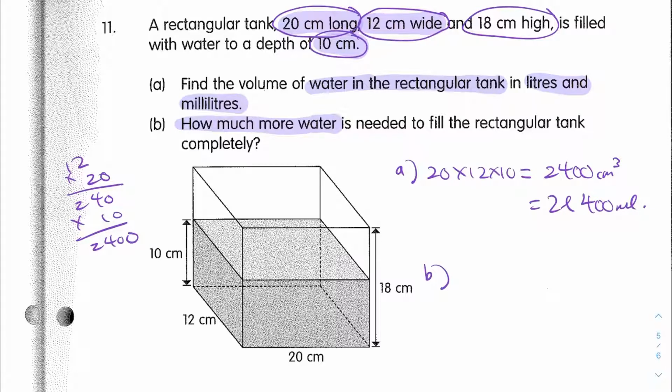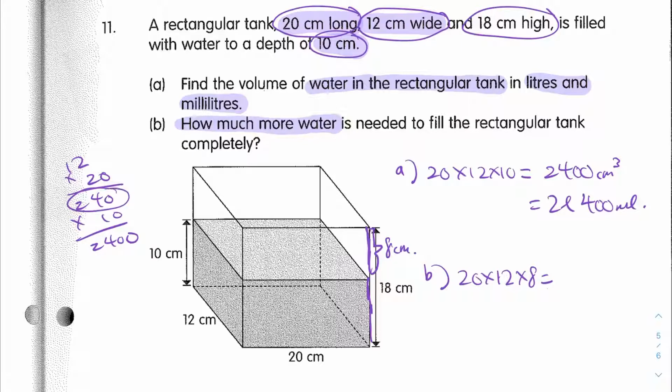B, how much more water? So this is 10 cm. So this part here would be 8 cm. So I can just take 20 times 12 times 8. So 20 times 12 is 240 already.